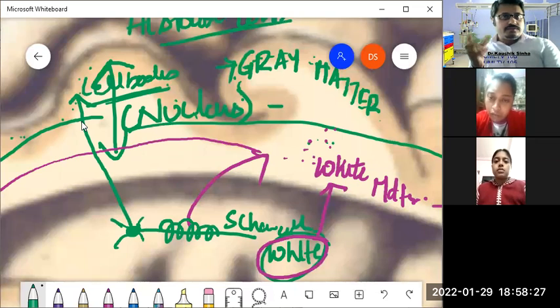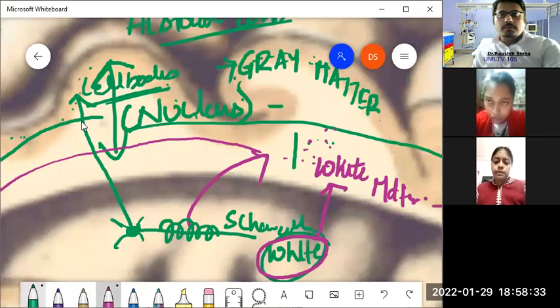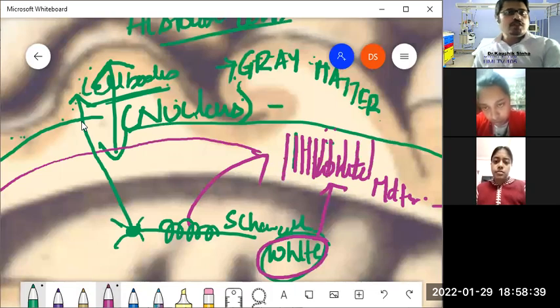Clear? And similarly, in this white matter, what will we find? We will find bundles. Bundles of what? Bundles of the axons. Recall, in the structure of the neuron, we covered axons bound by endoneurium, right?